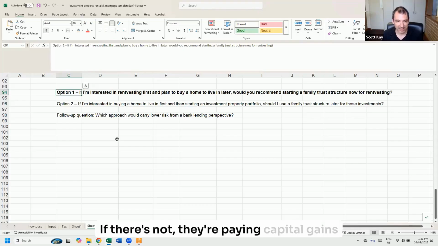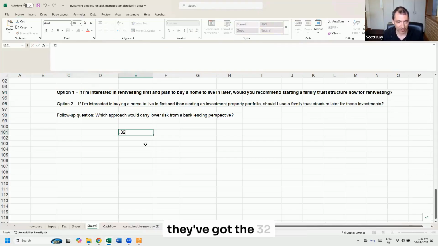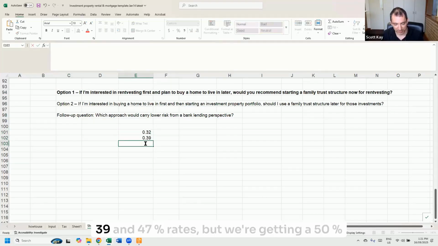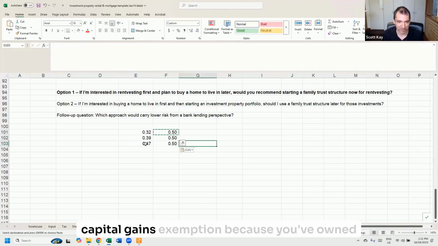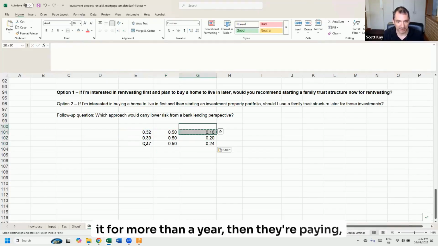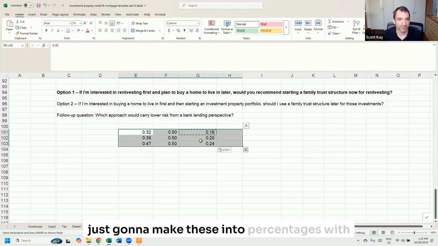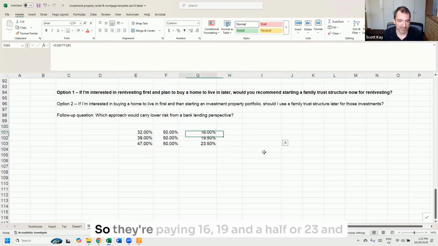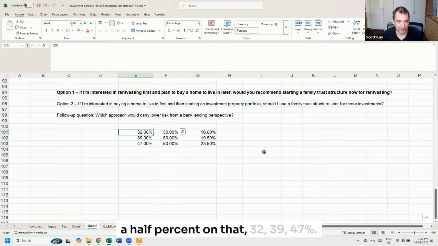If there's not, they're paying capital gains tax, and let's say they've got 32, 39 and 47% rates, but we're getting a 50% capital gains exemption because you've owned it for more than a year. Then they're paying 16, 19 and a half or 23.5% on that 32, 39, 47%.